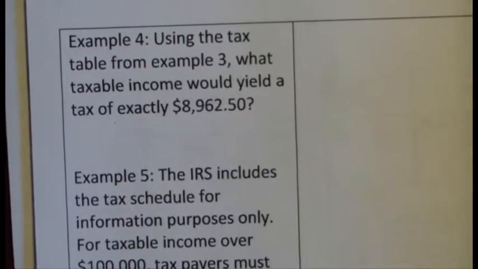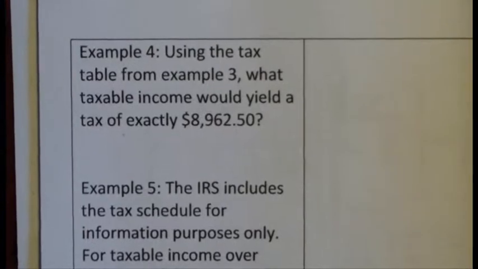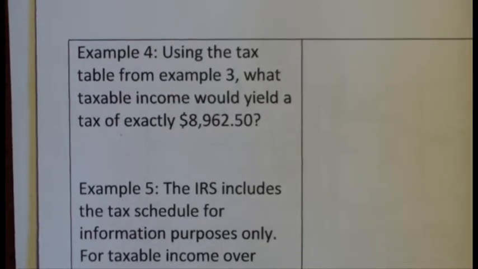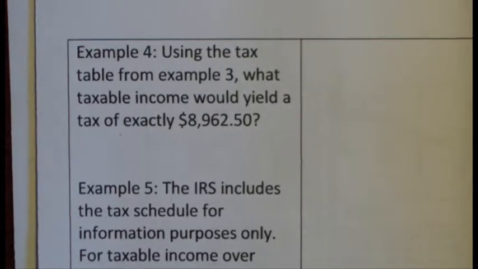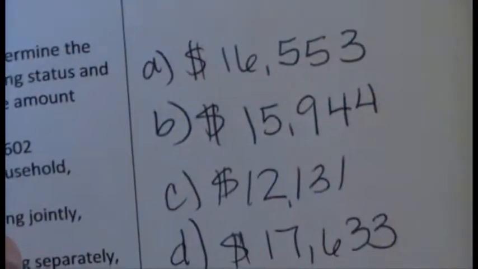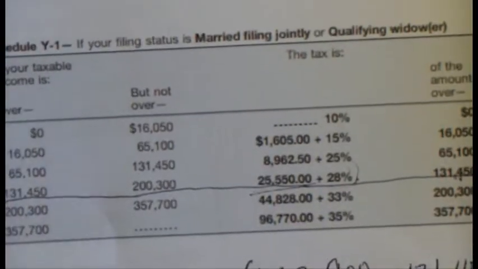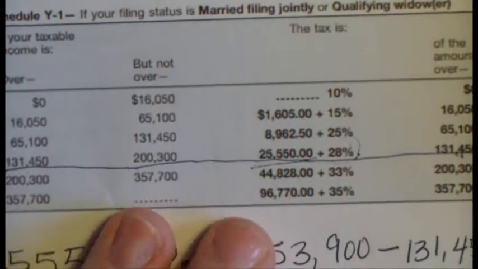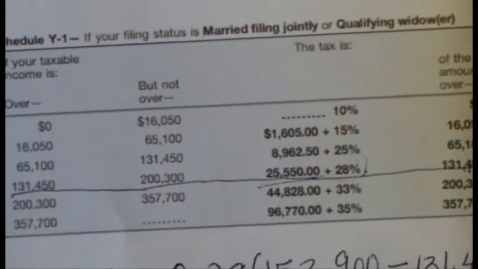Example 4. Using the tax table from example 3, what taxable income would yield a tax of exactly $8,962.50? All right, so let's look at our tax table. We are looking for a tax of exactly $8,962.50.